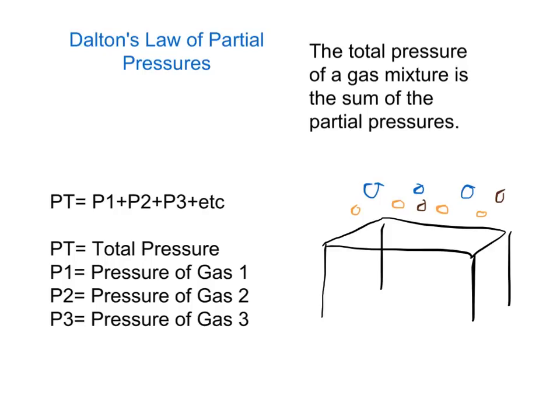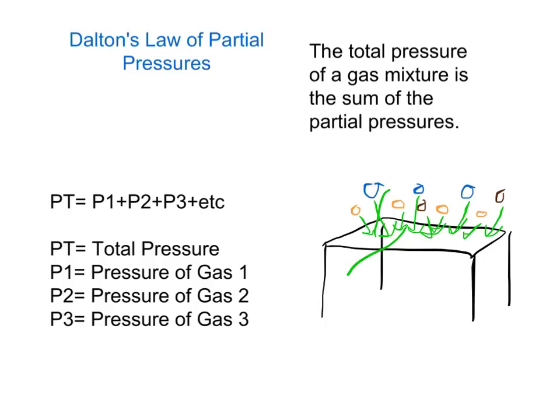We'll call the orange gas gas 1, so it's going to be moving around and hitting the top of the table and bouncing off it, of course, in different directions. And we'll call the blue gas gas 2. It's also going to be hitting the tabletop and bouncing off in different directions. And the brown gas we'll call gas 3, also hitting the tabletop.